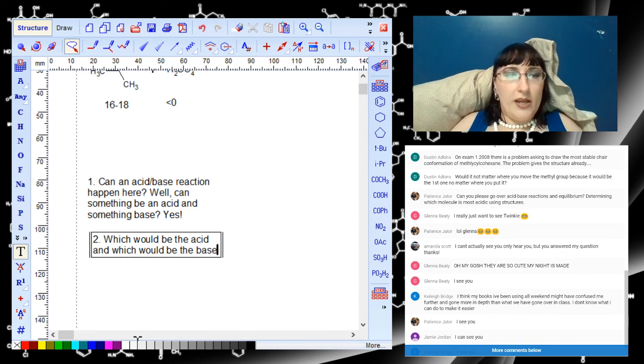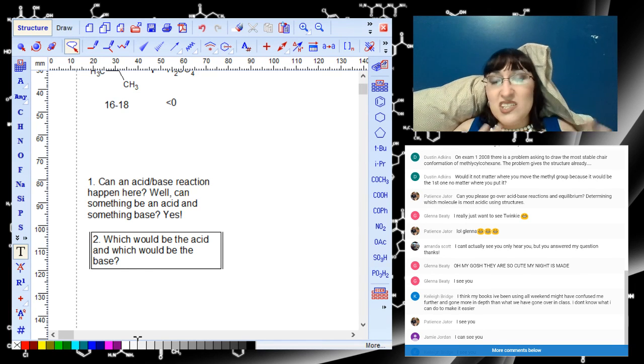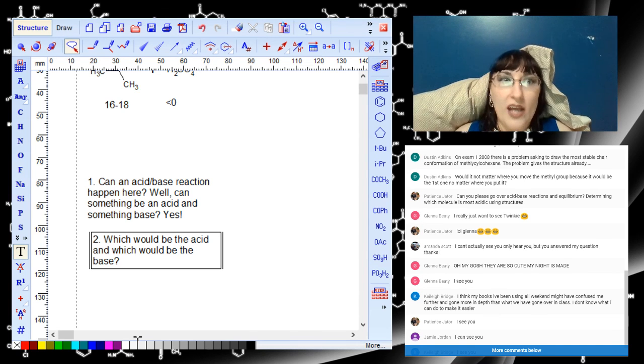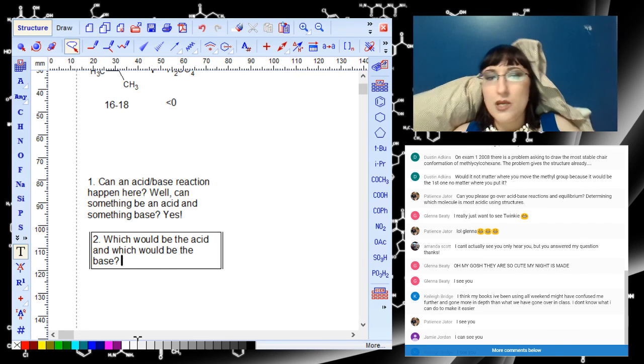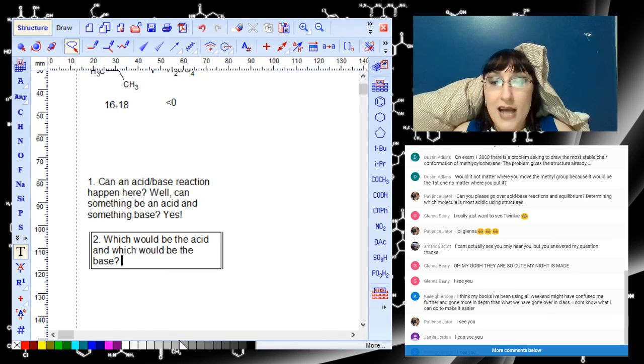Oh my gosh, I can't spell tonight. And so for that, you look at the pKa values, right? So a less than 0 pKa is a very strong acid. 16 to 18 is kind of a weak acid, not even a good weak acid. It's kind of a really midline acid like water would be. So if you're looking at these, you'd say, okay, the stronger acid would be the acid.